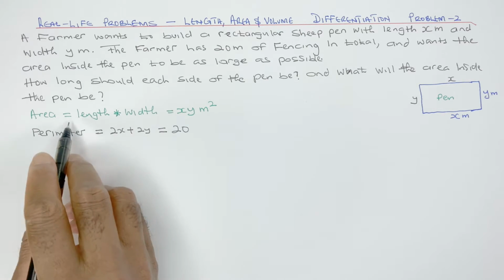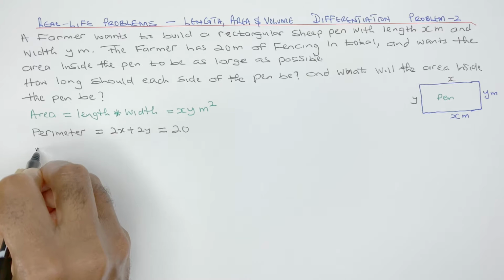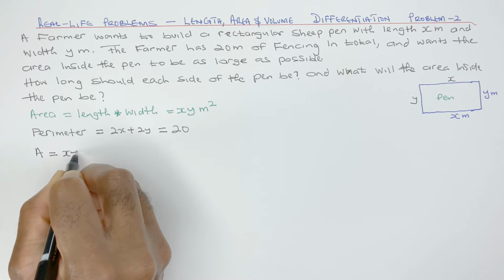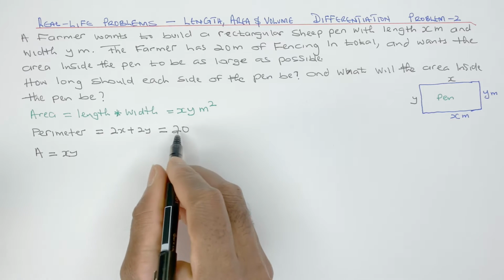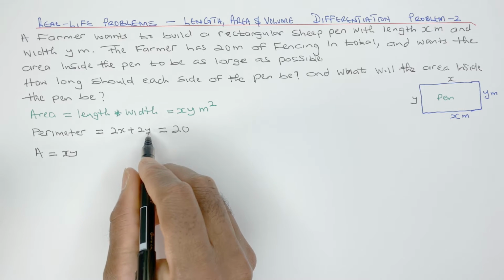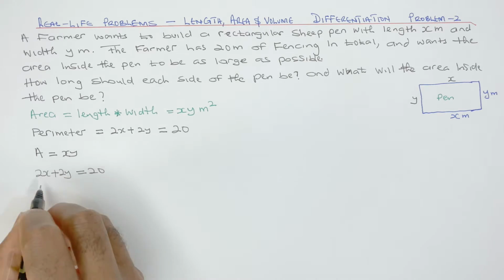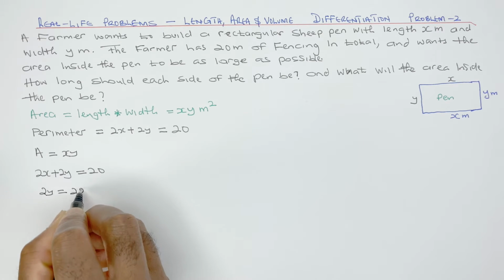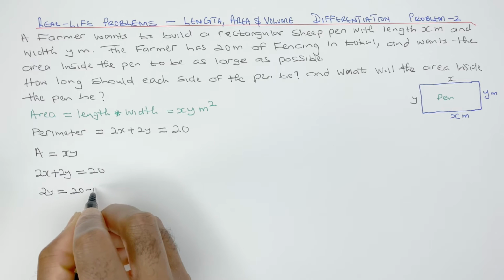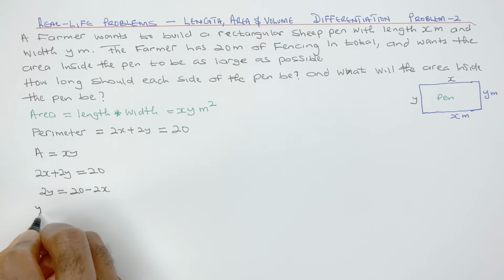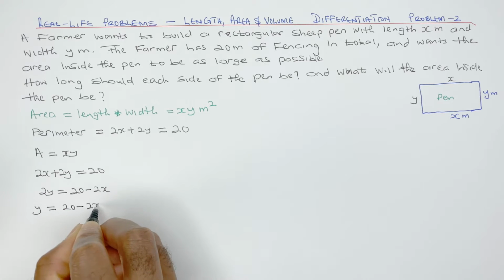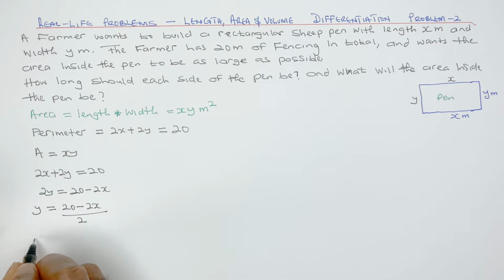But the area equals xy. So if I rearrange this and make y the subject, 2y equals 20 minus 2x. y equals 20 minus 2x over 2.